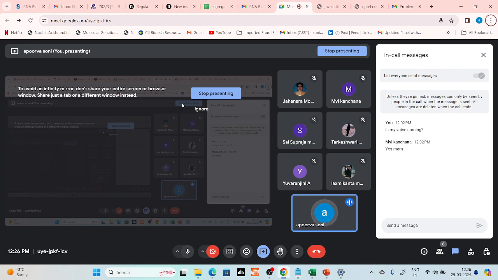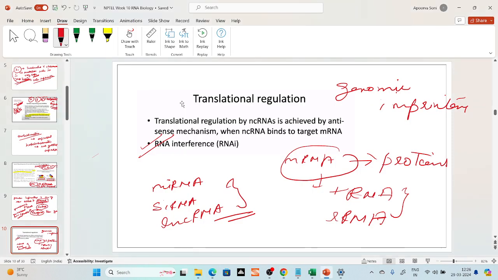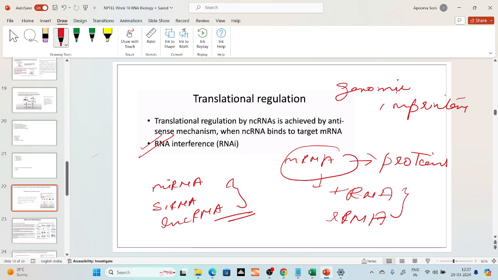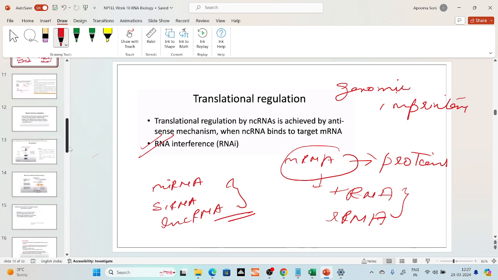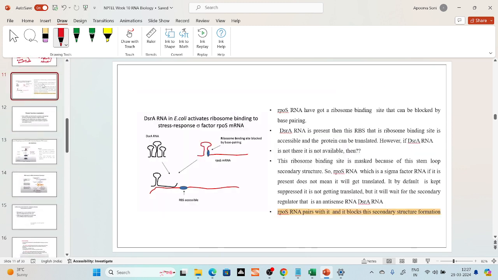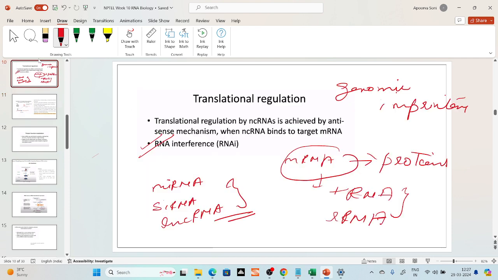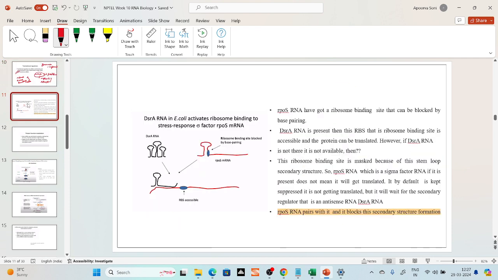From the name only, you can guess that it is interfering with the RNA. There is some interference in the action of RNA, or in the expression of RNA or the work that is done by RNA, maybe. This is achieved by non-coding RNA. So we'll see what RNA interference is. I think we have already studied a little bit about it in our previous classes, but we'll try to study it in more detail.